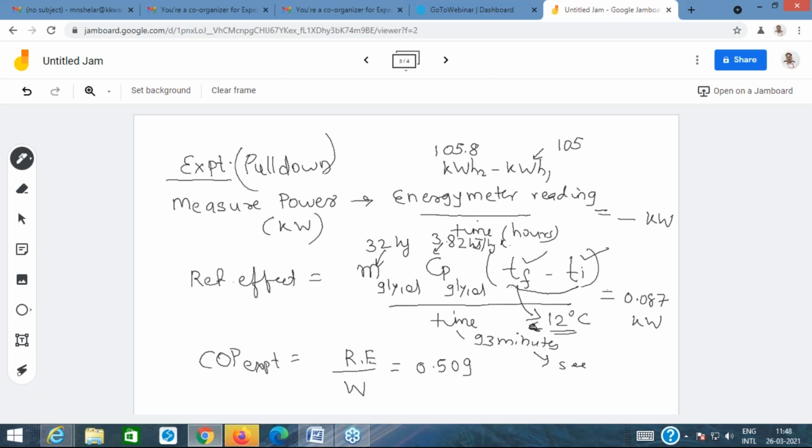Then you would require to note down the time of the experiment, and then you need to measure the mass of the glycol, which was already put in the ice tank, and those readings are enough for us to arrive at the capacity, which is m Cp delta T upon time, and the power consumption, which is the difference in the energy meter upon time, and hence this coefficient of performance, which is the ratio of refrigerating effect to the power consumption. So this is the calculation for pull down test performance by the experimental method.